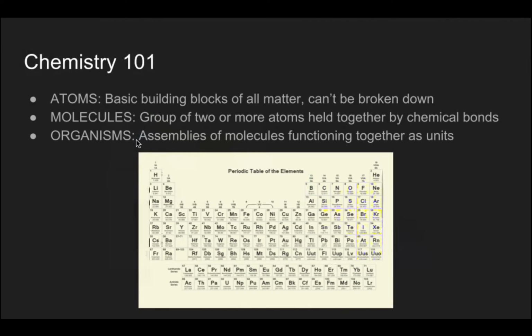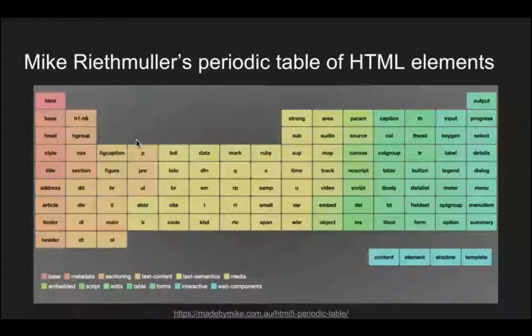We are all pretty familiar with the periodic table, and something like this exists in the web world as well. This is Brad Frost's... Mike Richmuller's periodic table of elements. If you can see, there are the primary elements and the elements associated with the images and all.